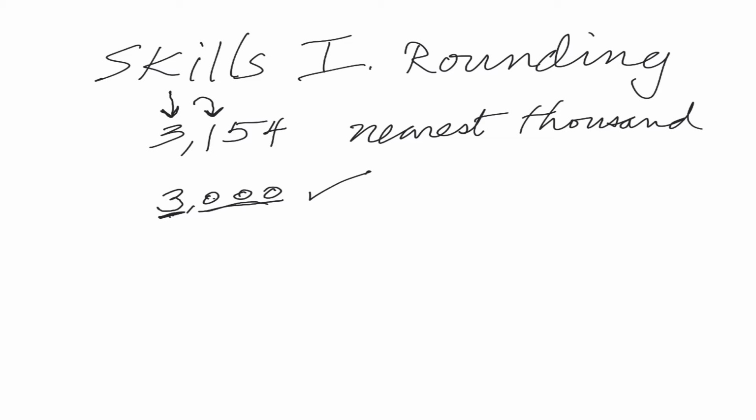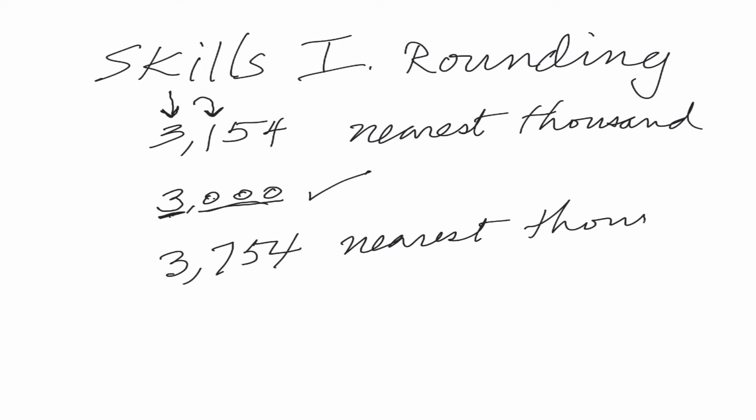Now, if this number, instead of 1, it had been 7, and we want to know what is the nearest thousand. Again, we look at the thousands position, and before we zero out the rest, we test the next digit. If the next digit is actually 5, 6, 7, 8, or 9, okay, then of course, we're still going to have 0 because this is insignificant.